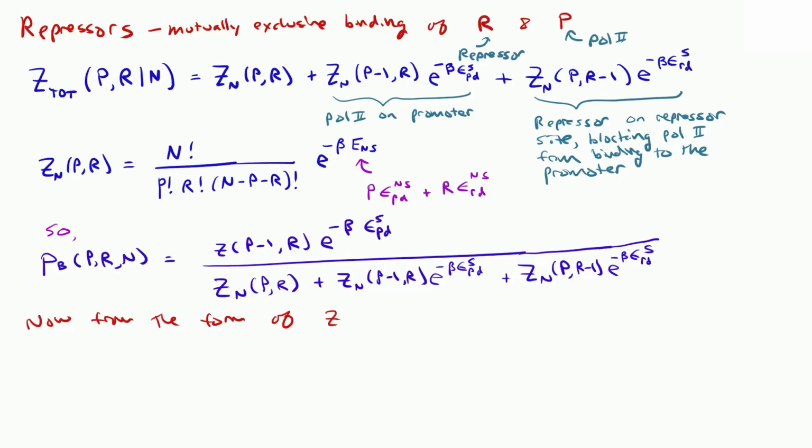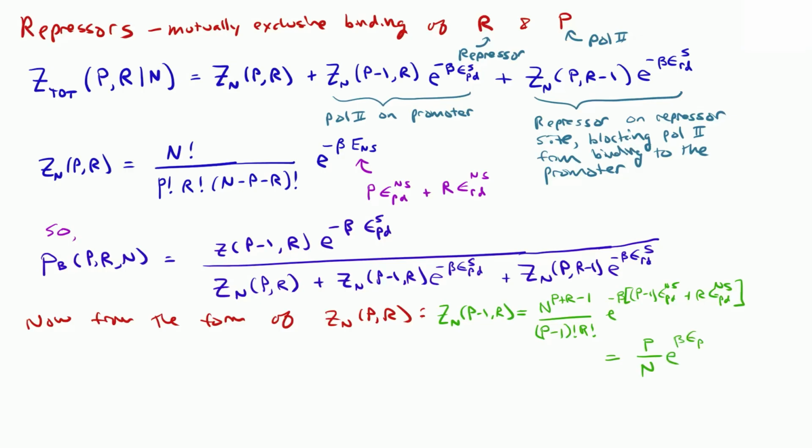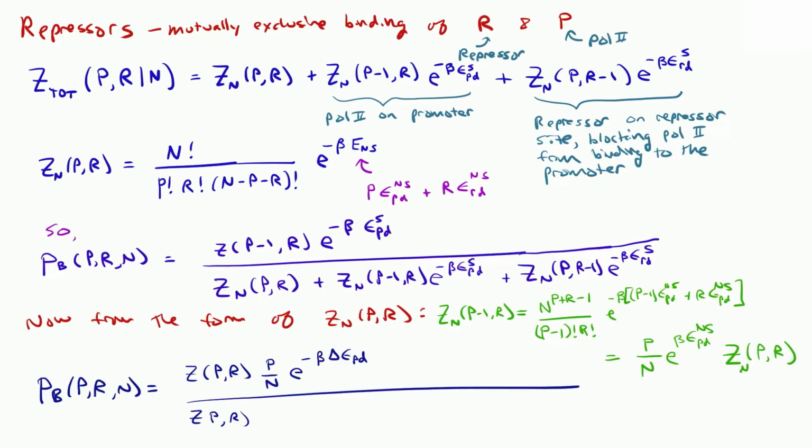From the form of the partition function, you can see that we can write Z of P minus 1 and R, when the polymerase is on its specific site, in the form that I'm writing there, which you can simplify as just P over N times the Boltzmann factor times Z of P and R. This allows us to write the probability of binding all in terms of Z of P and R in every term, which then will allow us to cancel it in every term, leaving a much simpler expression.